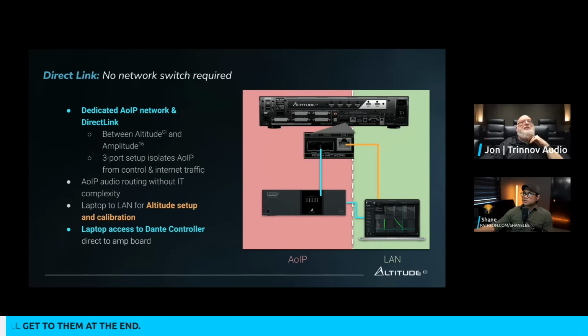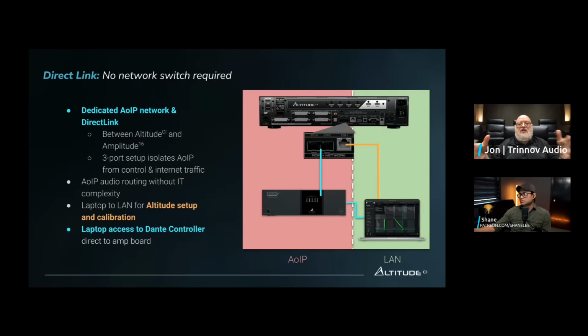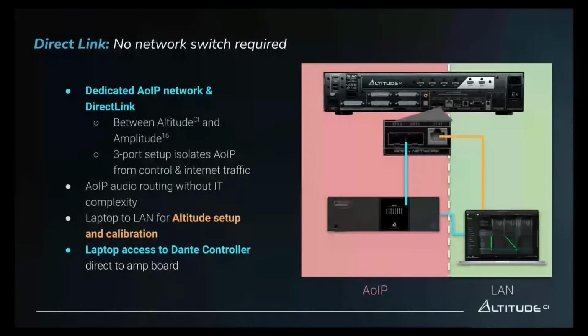So we designed this thing to be incredibly flexible when it comes to networking. I understand that most of the folks here are probably not in the IT business, and God knows I'm not. I have learned what I need to know, but I am not a network engineer. But the network capabilities of the CI are varied and really powerful.